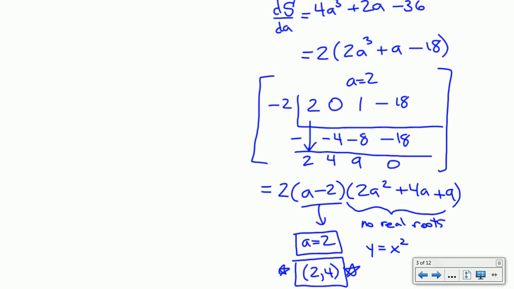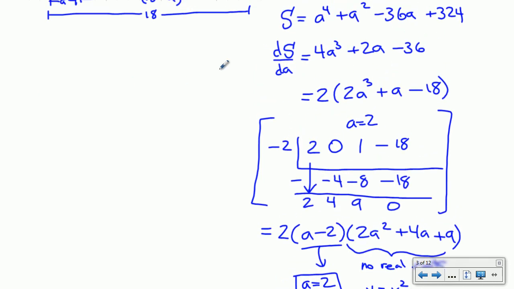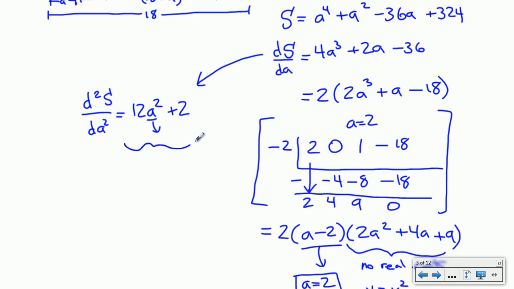Now, I probably shouldn't quite jump the gun just yet. I should check that we have a second derivative that gives us a minimum. So the second derivative of this would be 12a squared plus 2a. And there is no value of a that I can pick that is a real number that will make this a negative number.